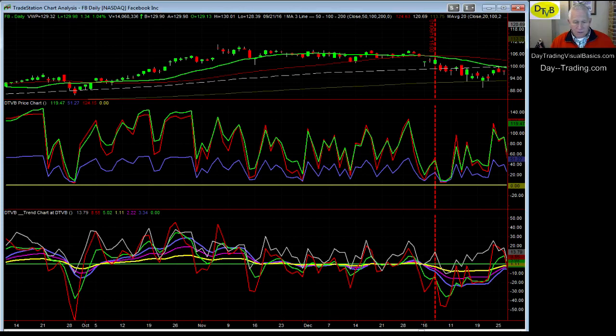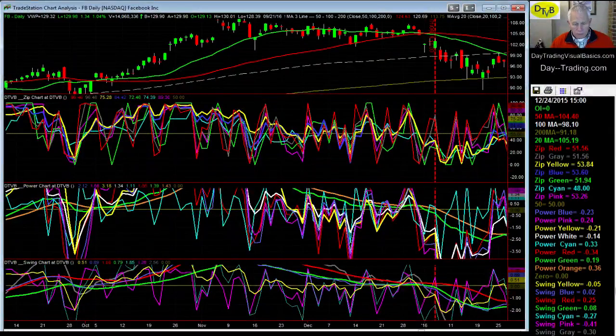If we flip, this here is the price chart and this is the trend chart. I'm going to flip over to the other three charts, and on the zip chart we see that the zip gray is highest and zip red is actually in a low angle down. And if you've heard me talk about the zip red and the zip gray before, you know that when zip gray is highest, it's an extreme high probability that next day will be down.